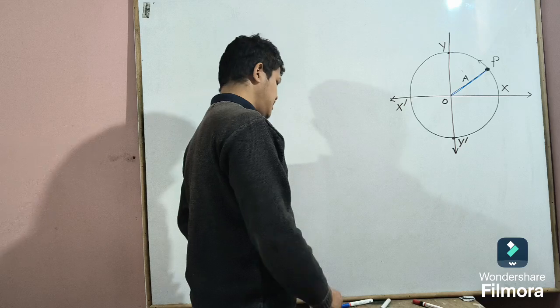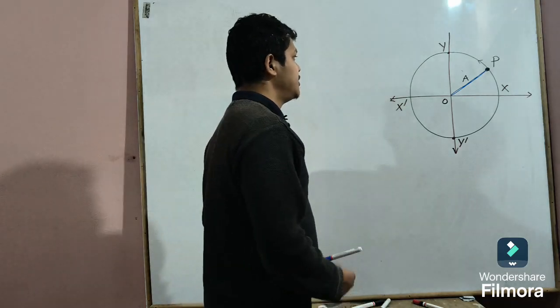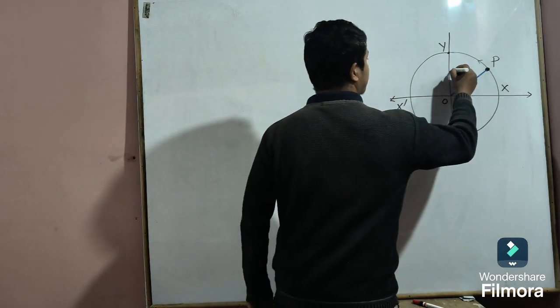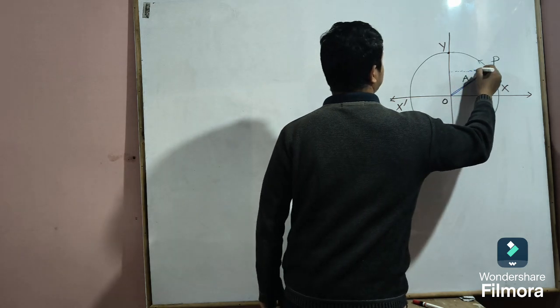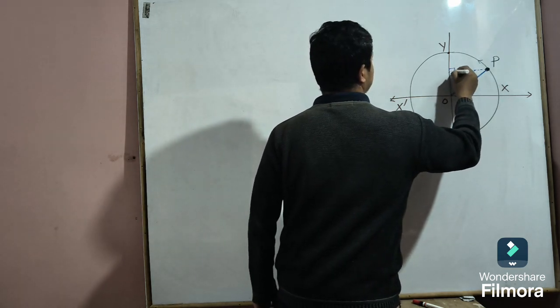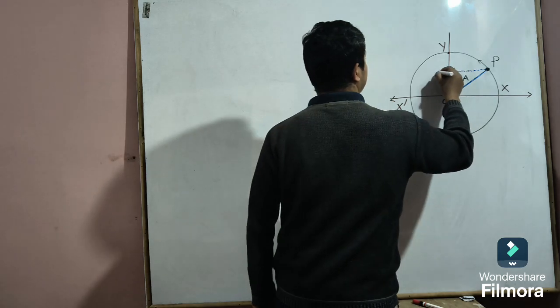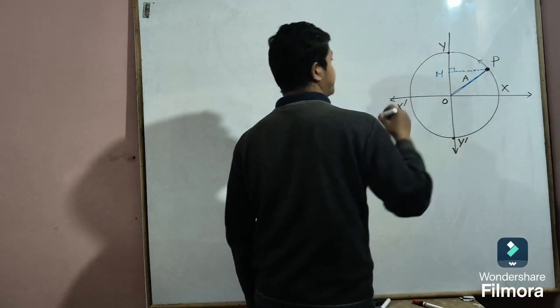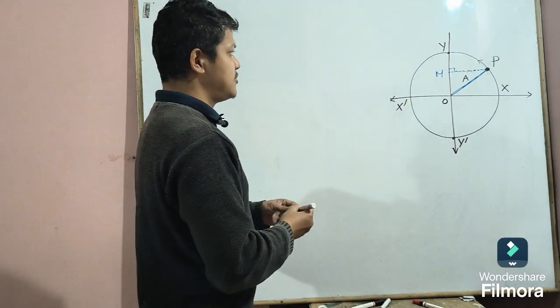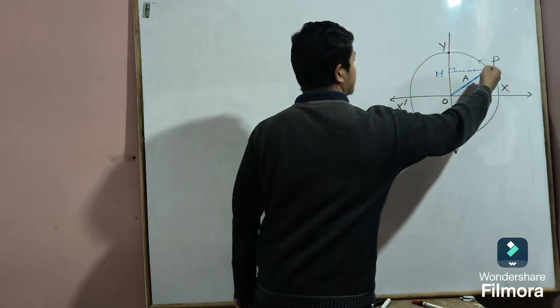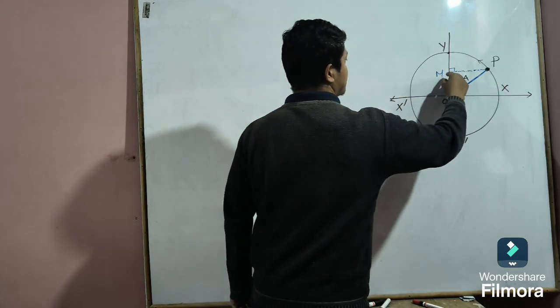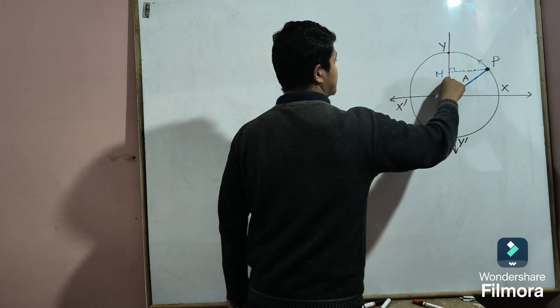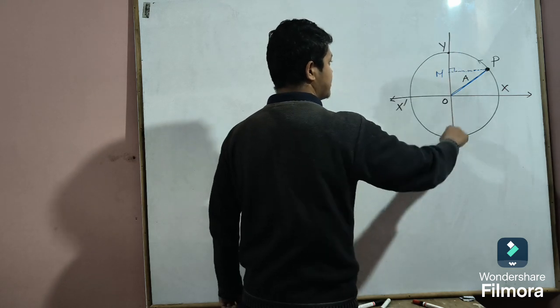Now you see, if you draw a perpendicular to the y-axis from this point P, let me take this point M. Now when P is moving in this circular path, then this point M is oscillating up and down.